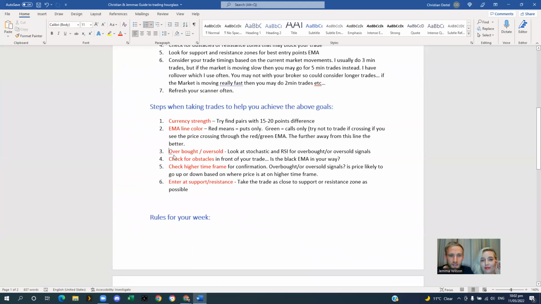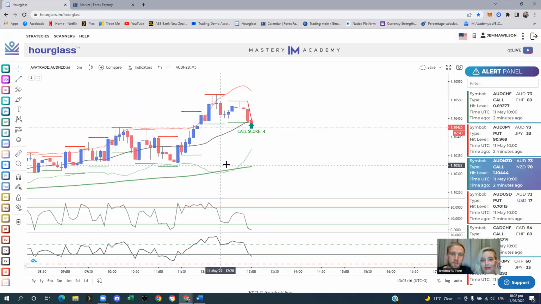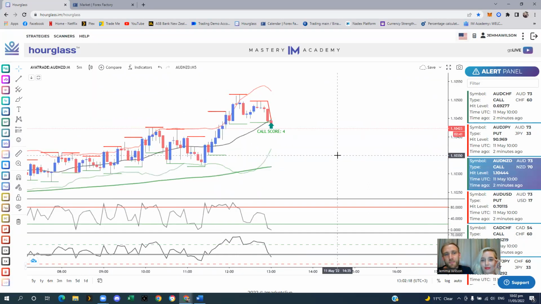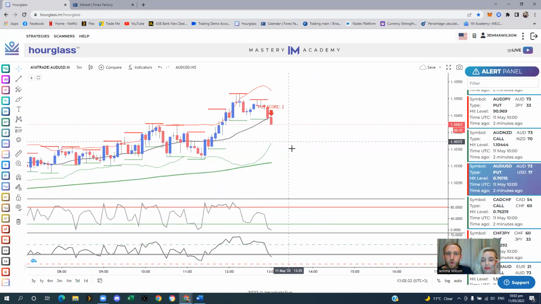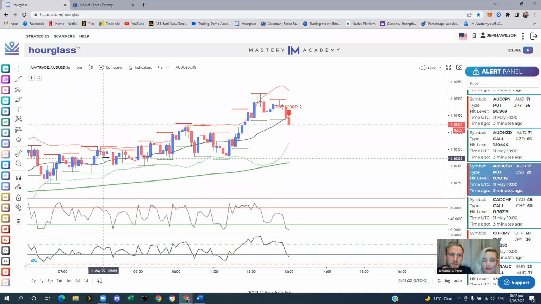And so check for obstacles. Now, other obstacles could be, I mean, this is when you get a little bit more advanced. You probably won't worry about this, but if you have multiple resistance lines in one area, like look over here, see back here, you've got multiple resistance lines. Basically what the scanner is doing is looking at previous highs and creating support and resistance lines.